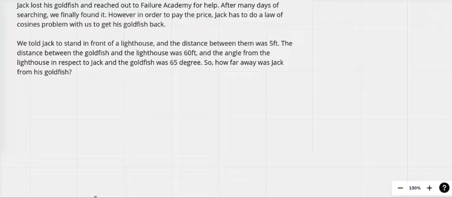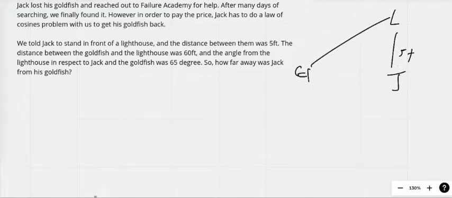In order to do these types of questions, you first have to draw a diagram. So, let's say this is Jack, and this is the lighthouse, and this is the goldfish. The distance between them was 5 feet. And the distance between the lighthouse and the goldfish was 60 feet. And the angle between them was 65 degrees.